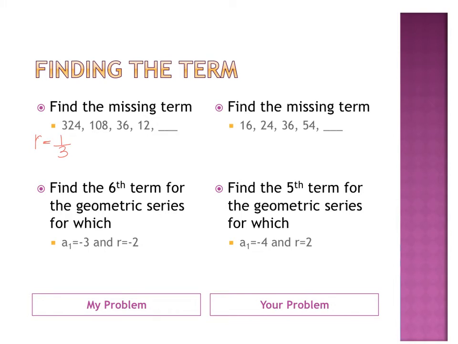I can get that by taking 108 and dividing by 324, but I could also get that by dividing 12 by 36, which I can do in my head. So 12 over 36 is your 1/3, and that's your common ratio. So if I divide by 3 again, what's my missing term? 4. Okay? So do the next one.